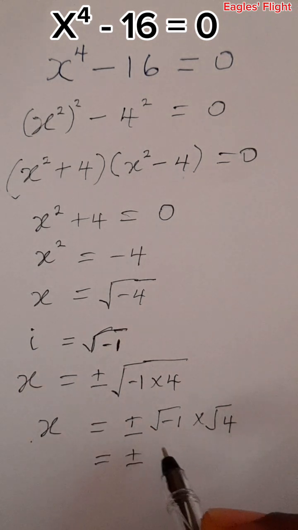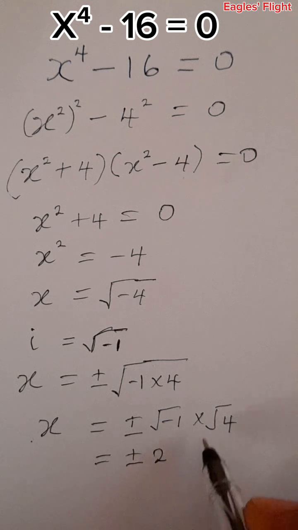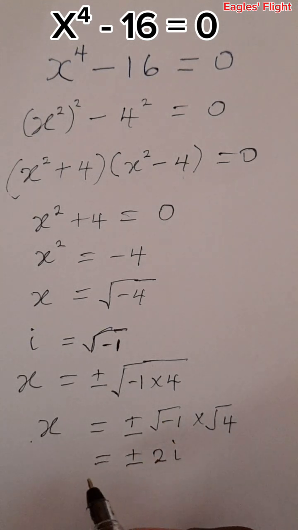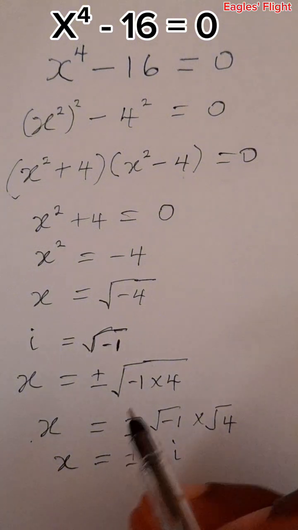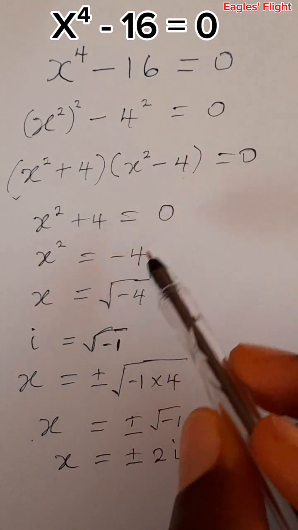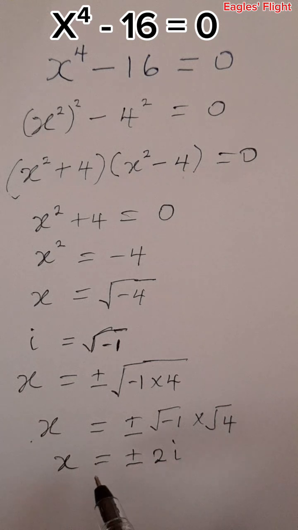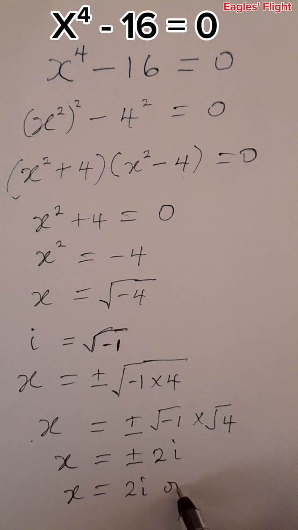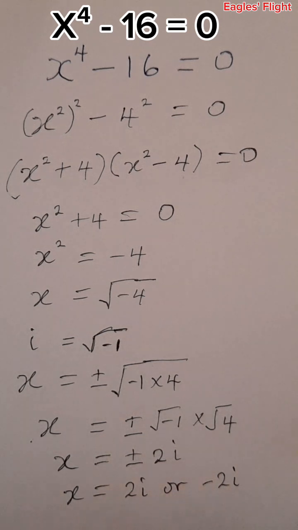The square root of 4 is 2, and root minus 1 gives us i. So from x squared plus 4 being equal to 0, our values for x would be plus or minus 2i, or splitting it out, 2i or minus 2i.